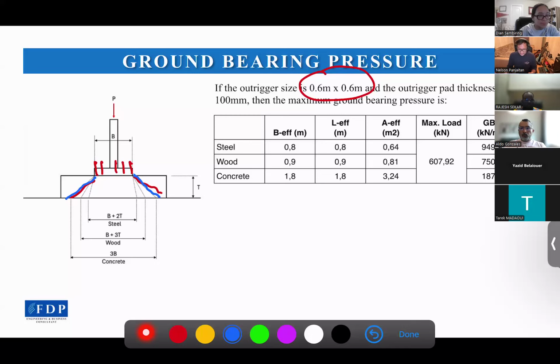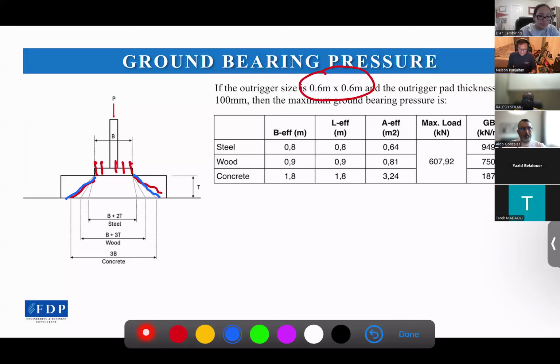As we can see in the table, I assume the bearing pad is made of three different materials. If we compare the three of them, the biggest area belongs to concrete. So concrete is good in load distribution, especially for bearing, but it is less flexible because of its weight. Once we get the effective area, to calculate the ground bearing pressure, we just divide the forces by the effective area.